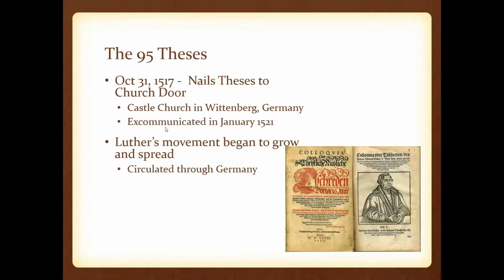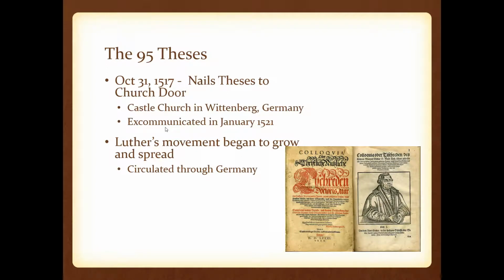And then at this time, 1517, 1521, you're looking at the height of the Renaissance in Western Europe, the height of the Gutenberg press. And so all of his ideas are being put into pamphlets, into books, and they're being circulated throughout Germany, or throughout what will become Germany.